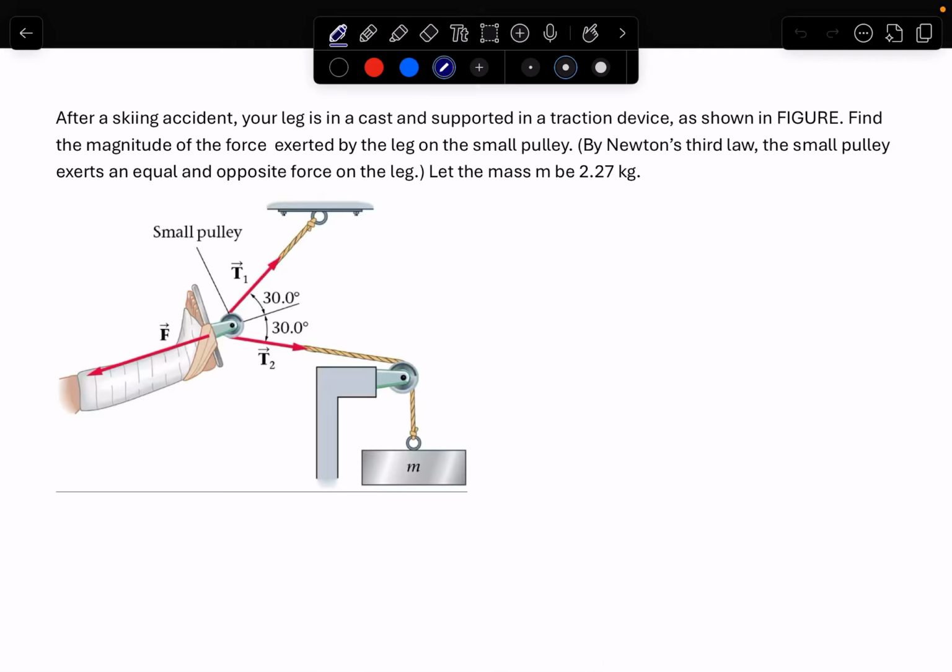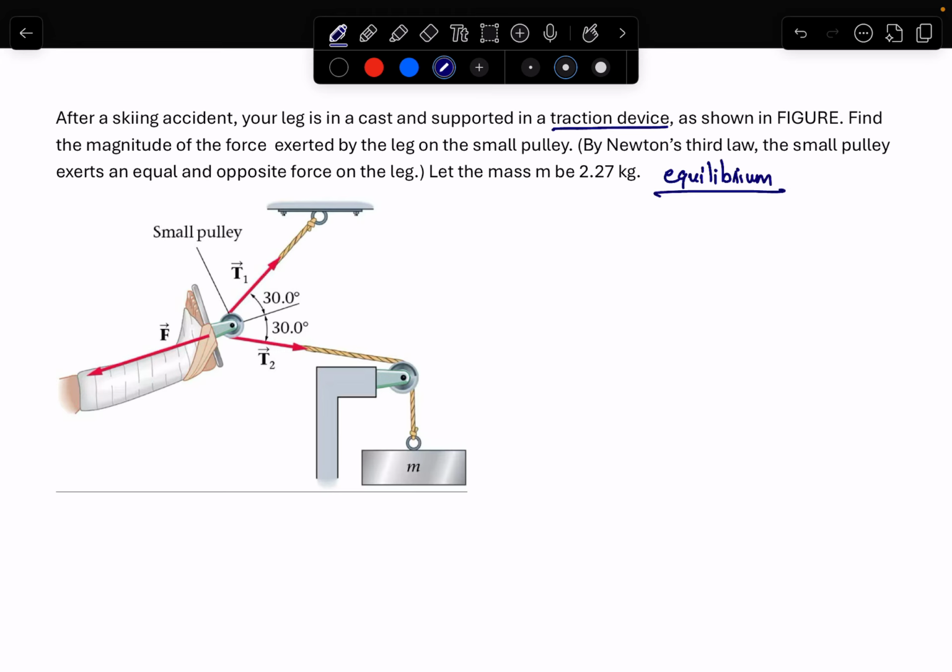All right. Before I start solving the questions from today, I want to bring your focus back to one of the questions we've solved earlier. Here we are talking about a traction device, and the entire point of this device is to keep everything in equilibrium.